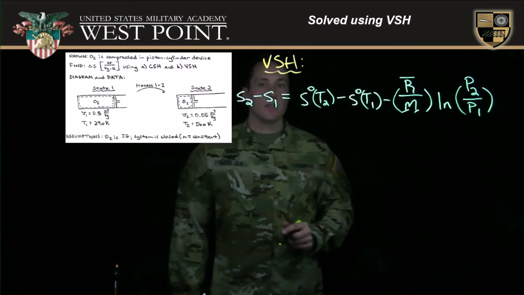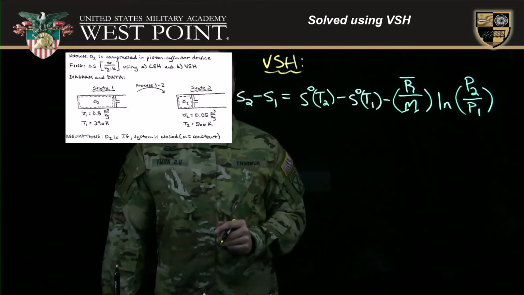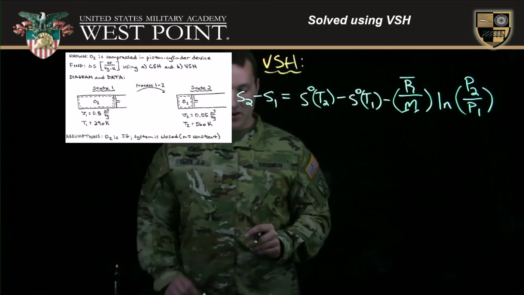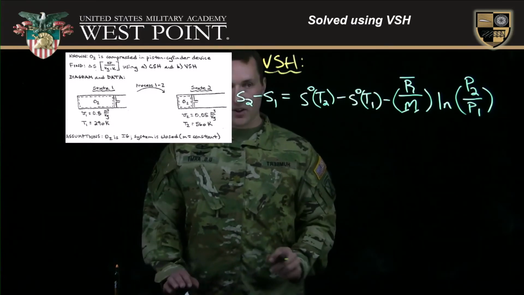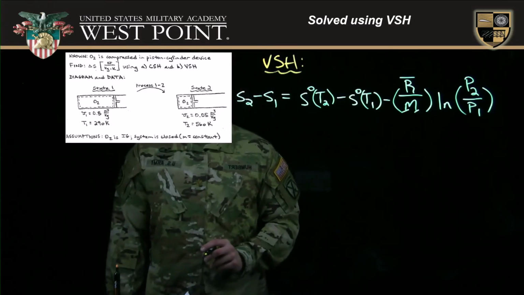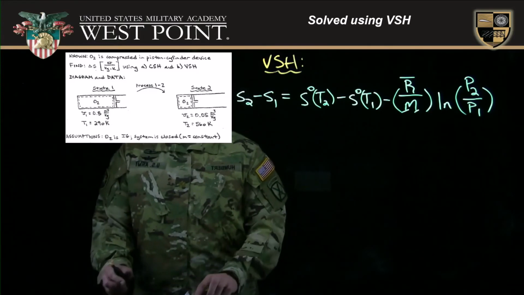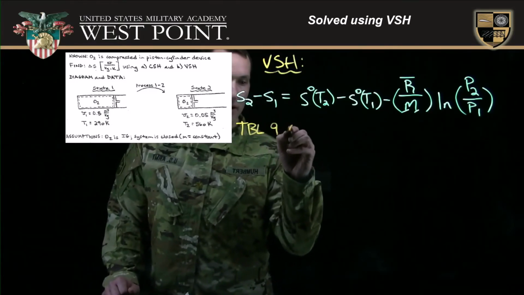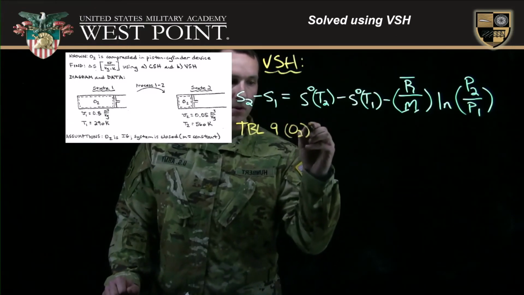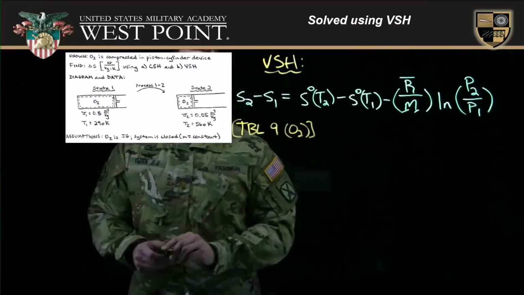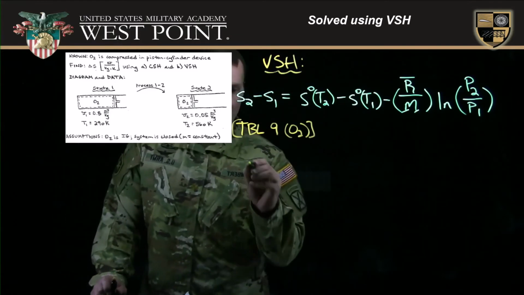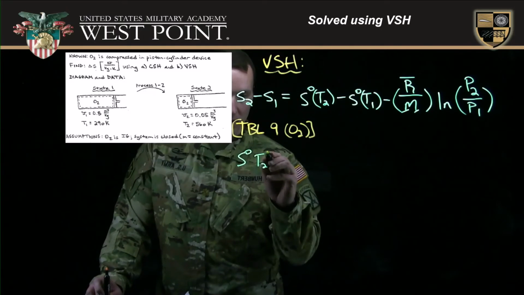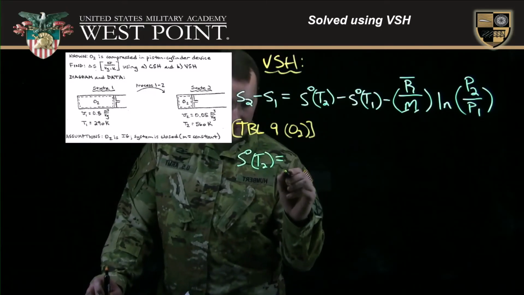Okay, so let's look at what we need to look up in our tables or use the ideal gas equation to solve. So first, we can look up our S degree at temperature T for O2 in table 9. So from table 9 for O2, we get a S degree at temperature T2, which was 560 Kelvin.